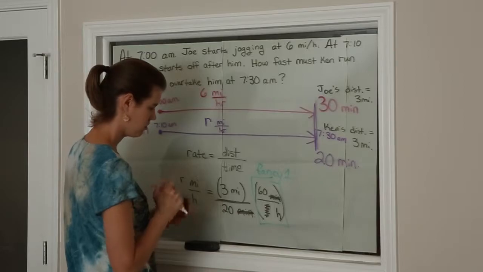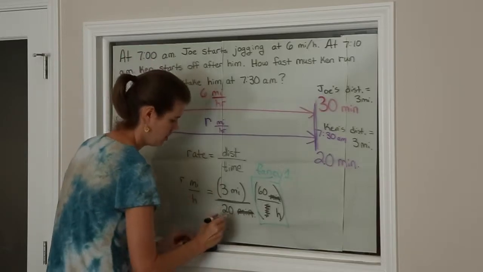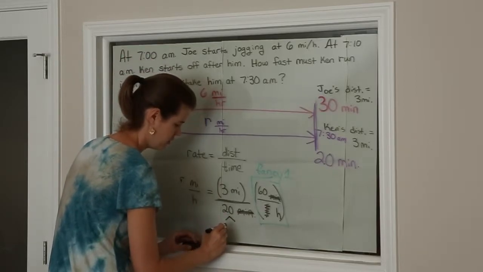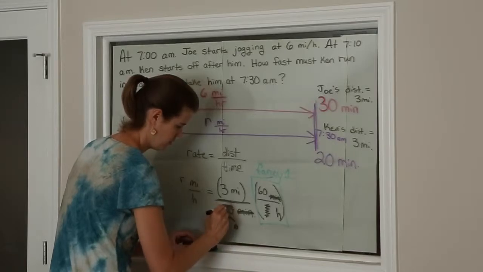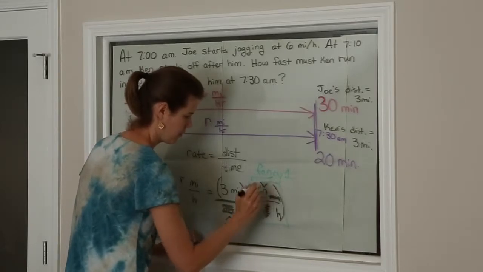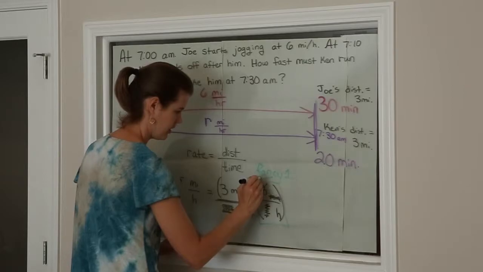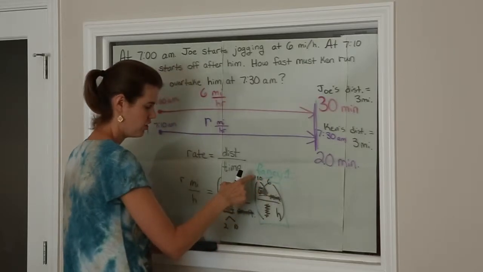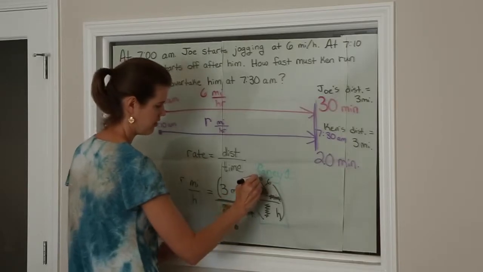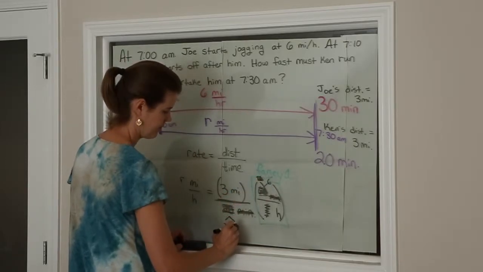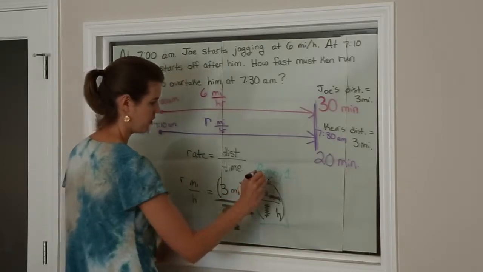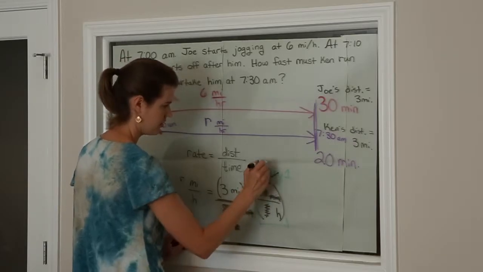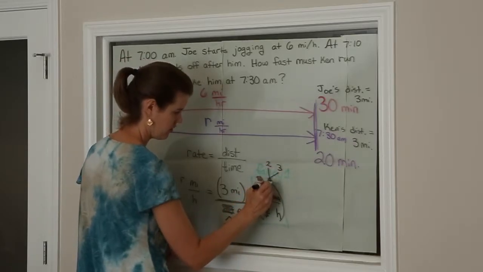Now let's start simplifying. 20 simplifies to 2 times 10. 60 factors to 10 and 6. If I have a 10 in the numerator and a 10 in the denominator, that's a fancy 1. I don't need to see it. I can even go further. 6 factors down to 2 and 3.